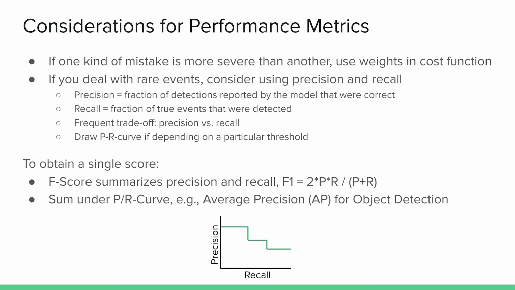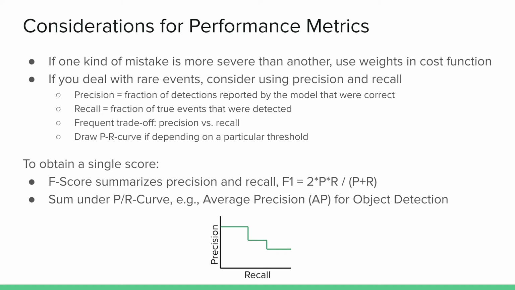But all of the other 99 objects in the image, it will not pick up. So the recall will be really low. And what you can do now is draw a precision recall curve. You can visualize this and then determine a particular threshold and see where you want to go.